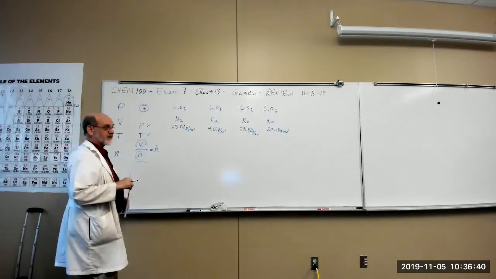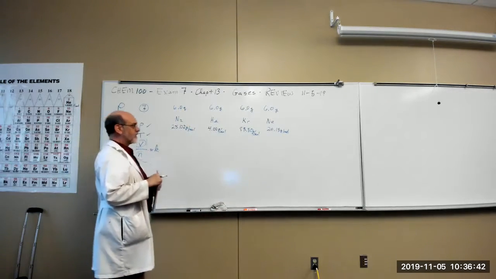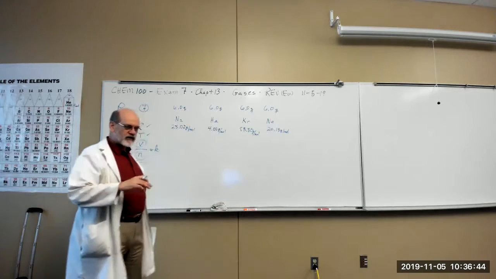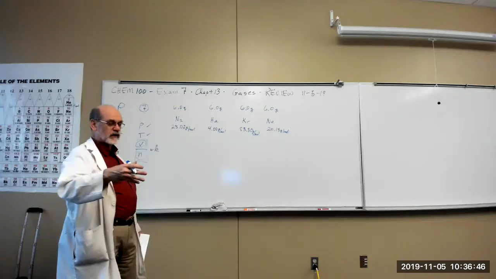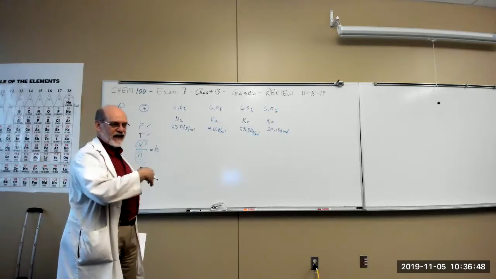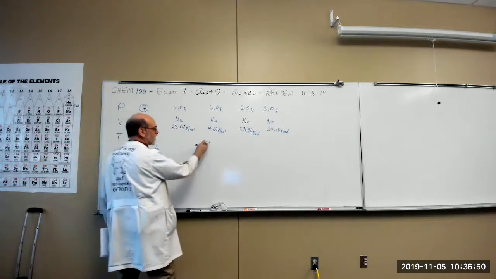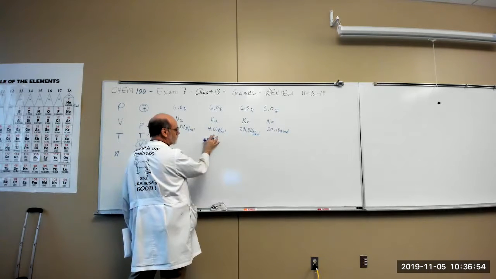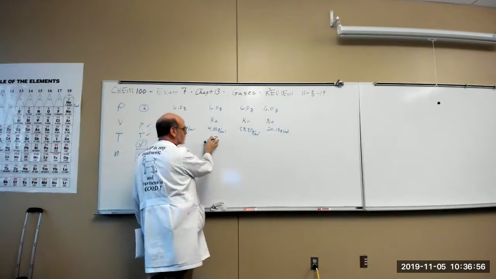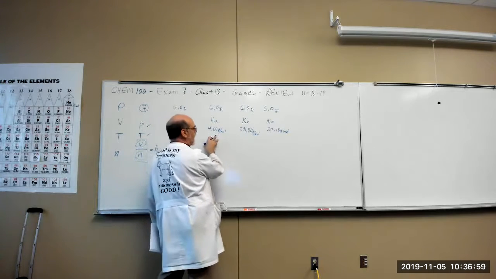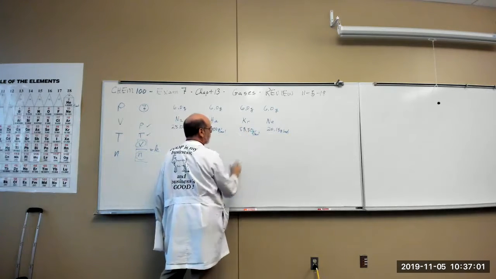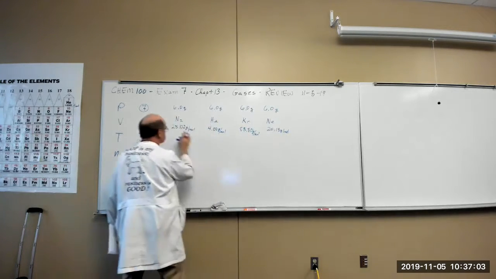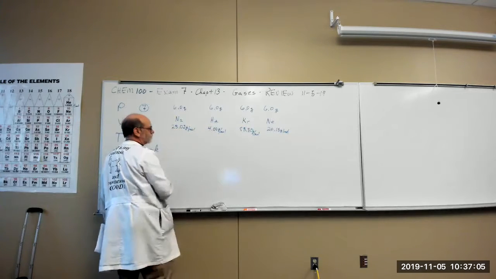Well, the one that weighs the least, right? The one that weighs the least is going to take more moles of that gas to give you the same mass, right? So it would take more helium molecules, atoms, to give you the same mass as krypton or neon or nitrogen.